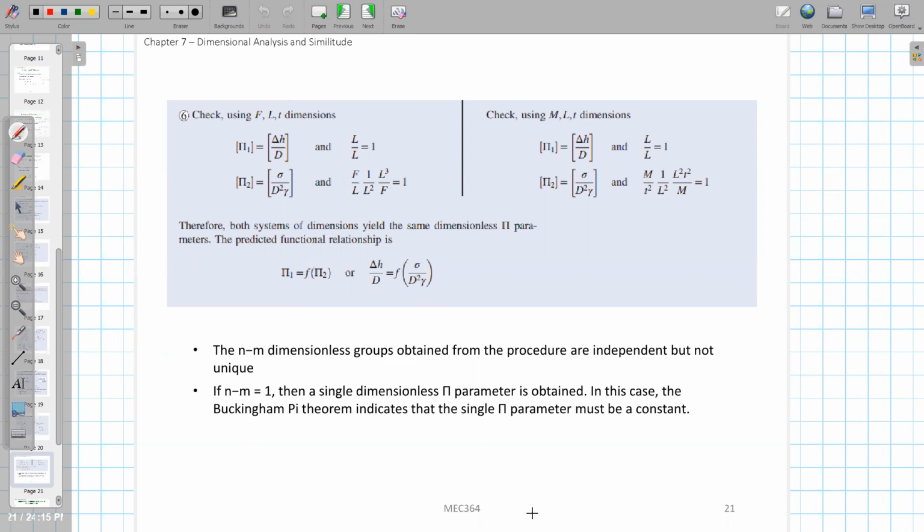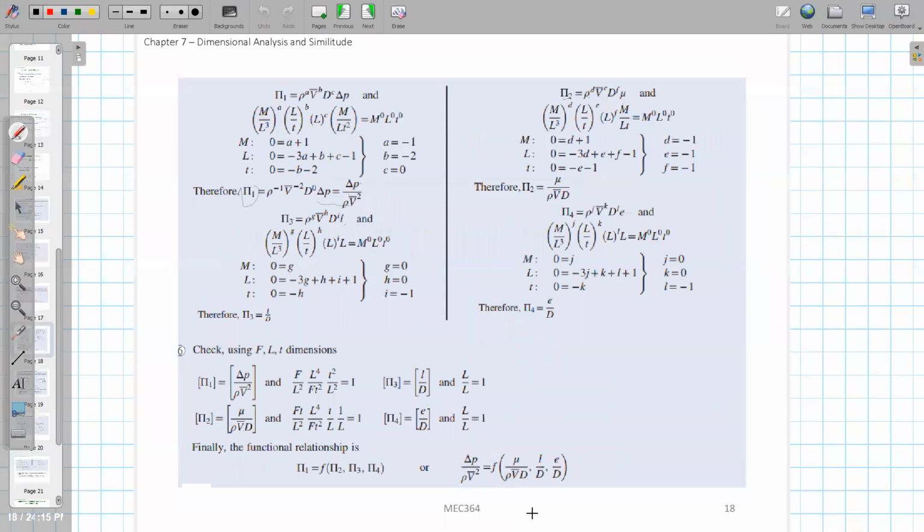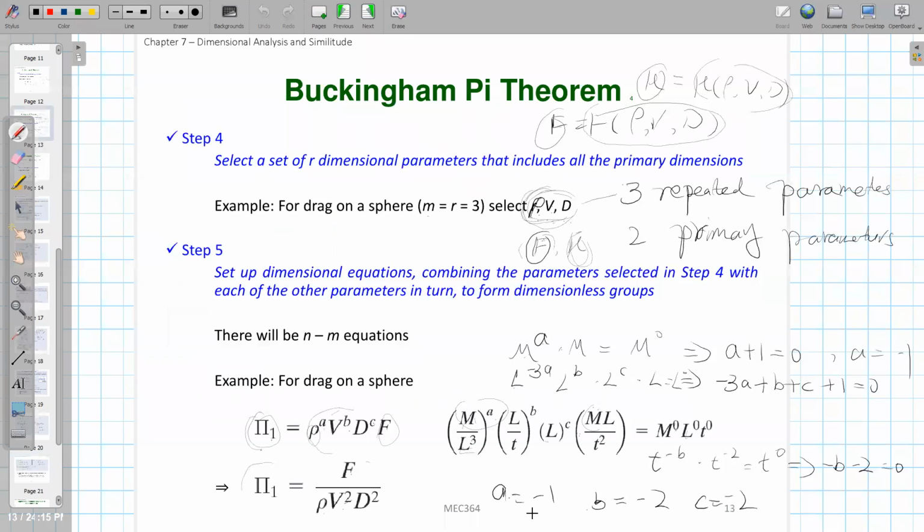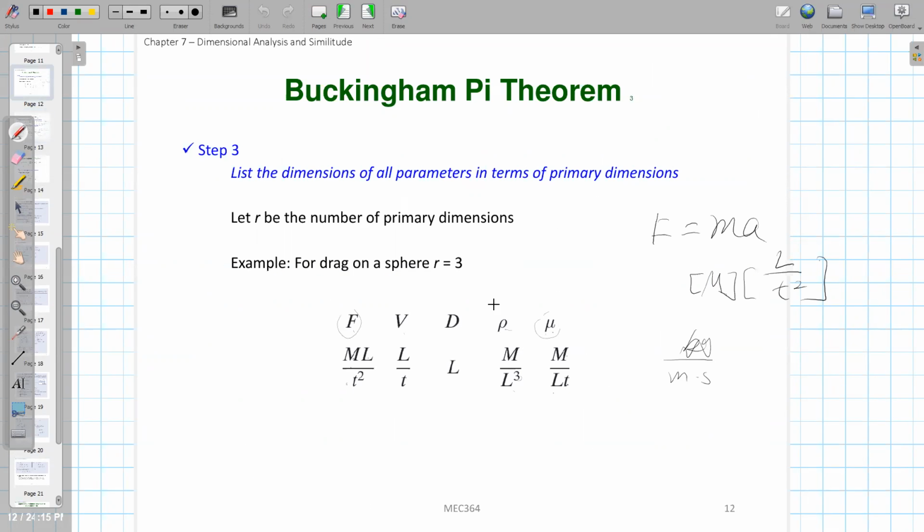Okay, and the second thing is that for step 4, when we choose the repeated parameters, here we choose rho, V, D, right? As I told you, you can choose other parameters. You can just choose arbitrary 3 from these 5 parameters.